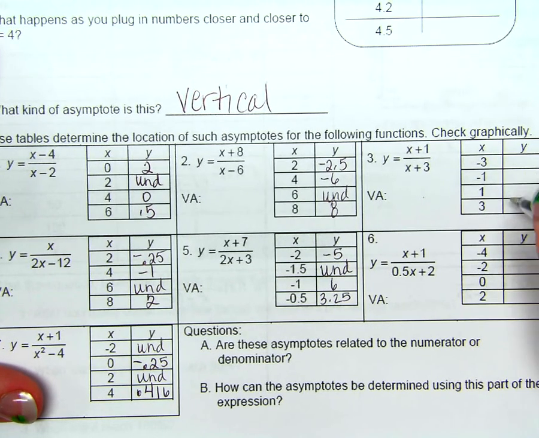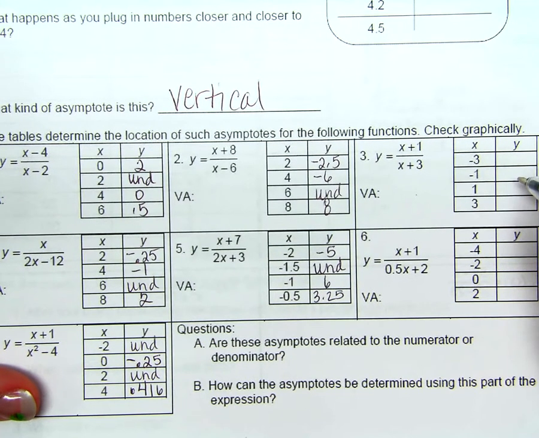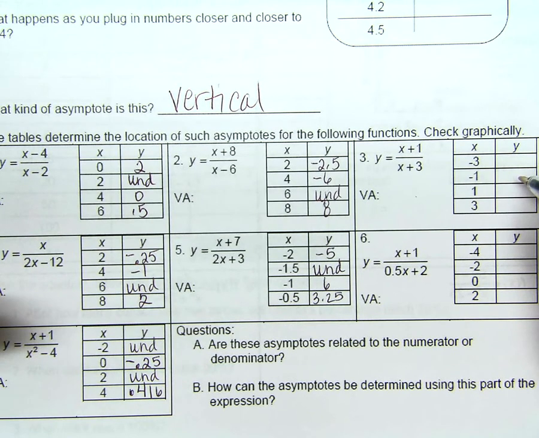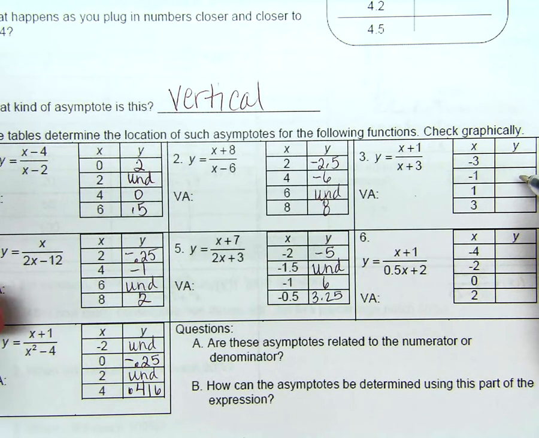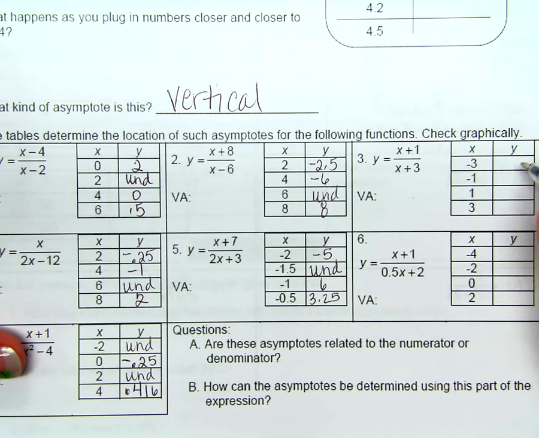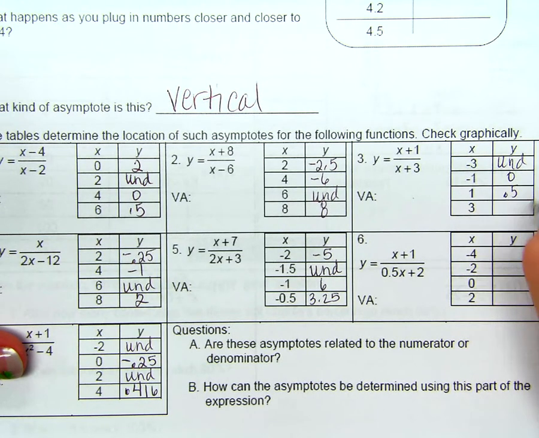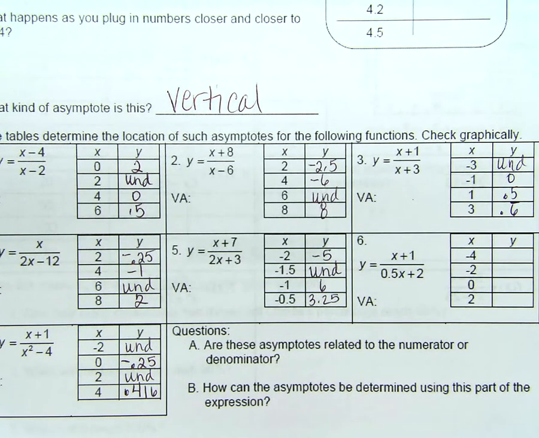Who's doing 6? Okay, what you got? 0.6 repeating?